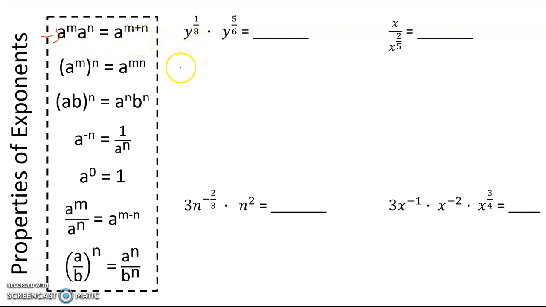So I need to add the exponents 1/8 plus 5/6. If we remember how to add fractions, we have to have a common denominator. And if you look for your common denominators, you'll find that for 8 and 6, you can get a common denominator of 24, right?